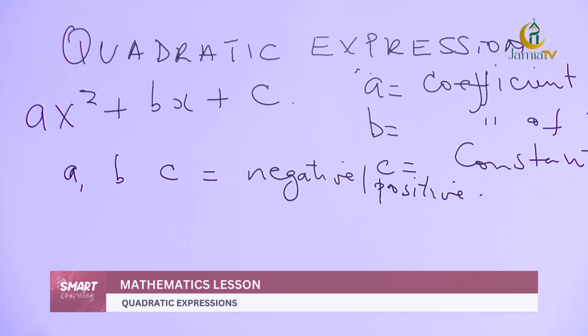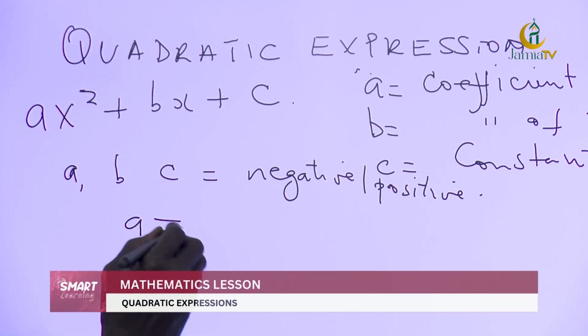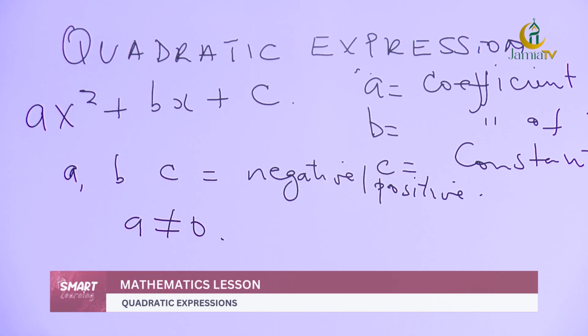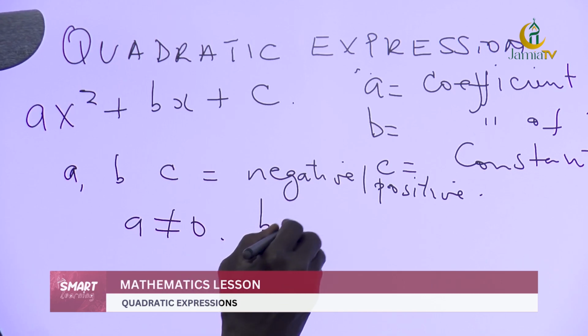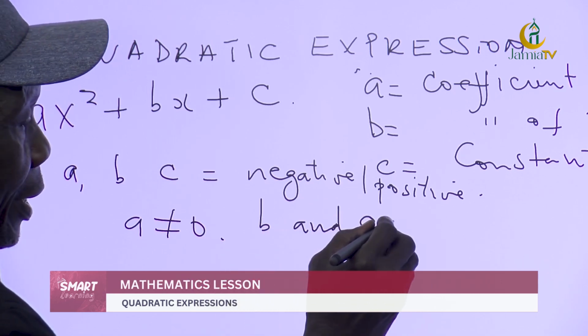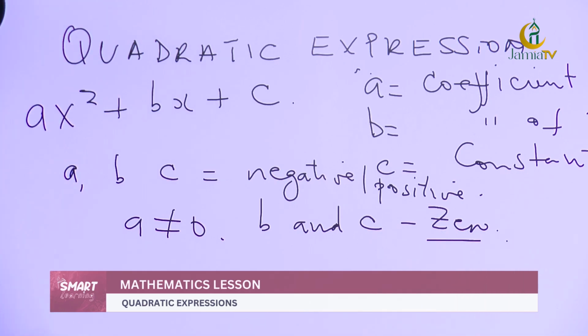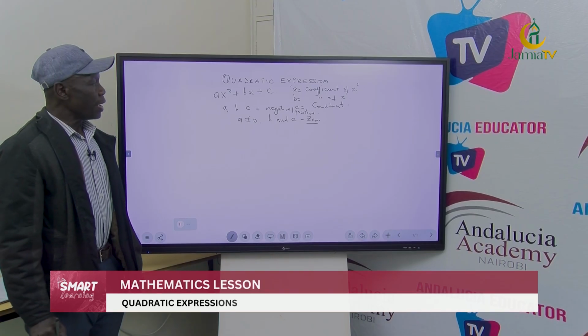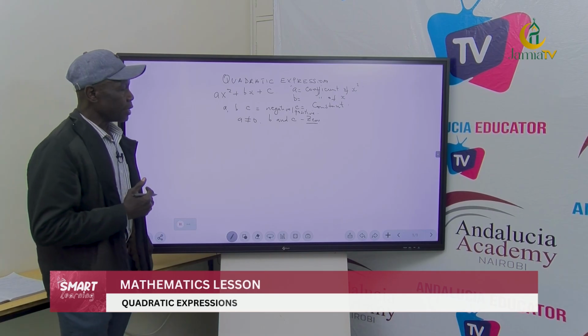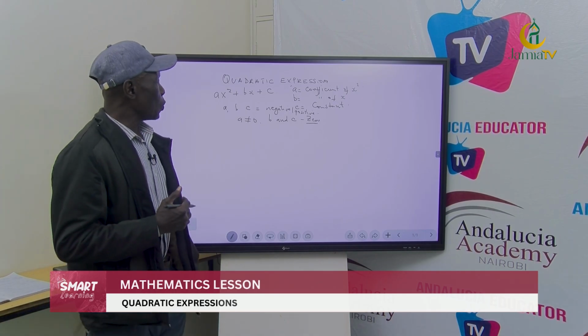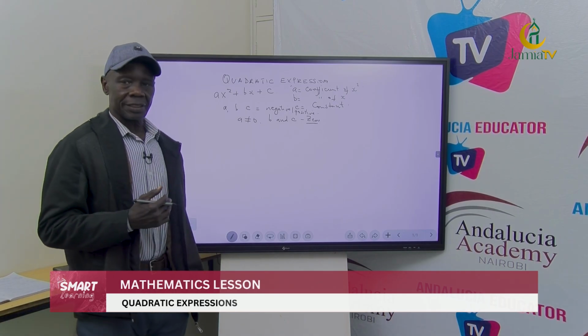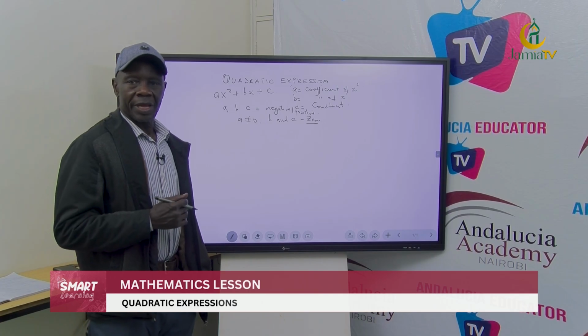The number which is multiplying x squared can never be 0, otherwise the quadratic factor will disappear. But b and c can be 0. We looked at some examples.